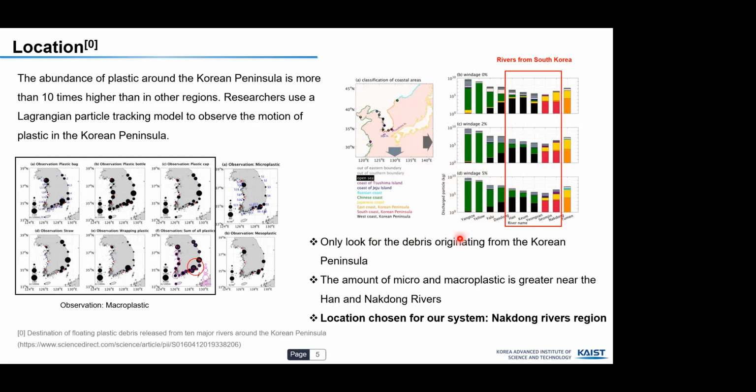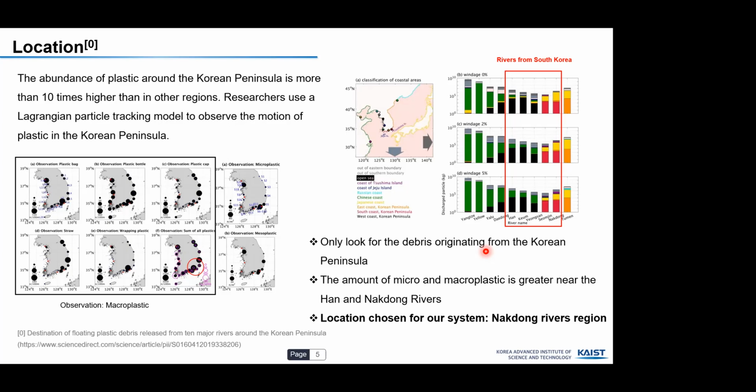The amount of micro and macroplastic is greater in the Han and Nakdong rivers. But since we will look only at debris originating from Korea, we will choose the location on the Nakdong River's region, because in the Han River we have the green part, which tells us it's debris from the Chinese coast.